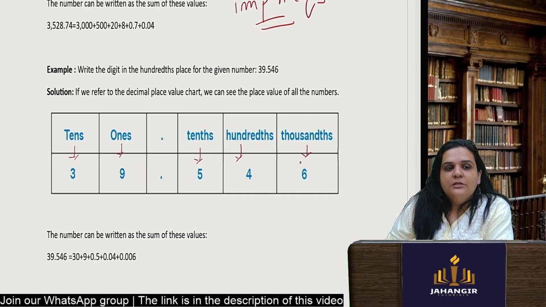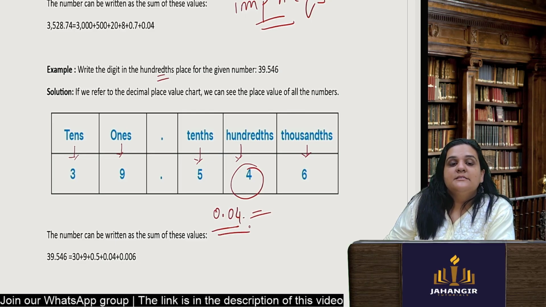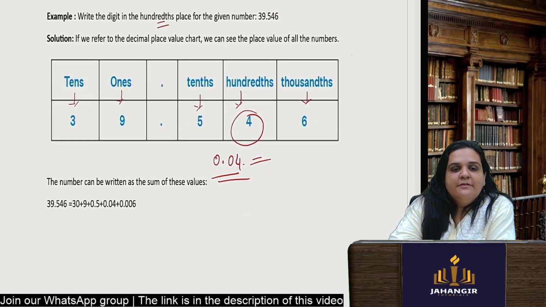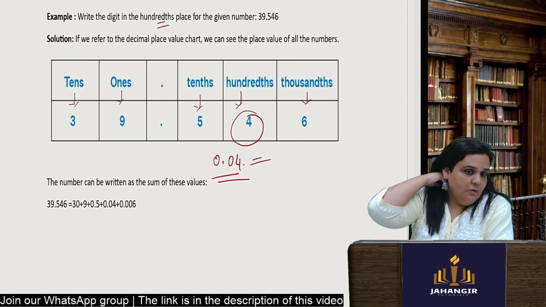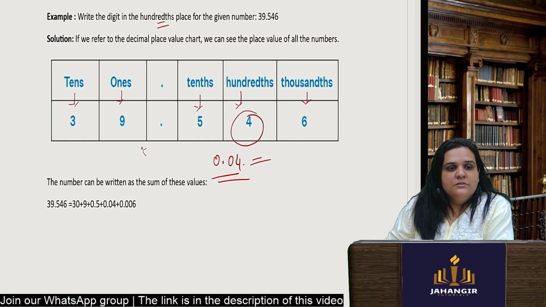If we refer to the chart, in the hundredths place we have which value? 4. 0.04 is the value which we have in the hundredths place. This is how it is written.